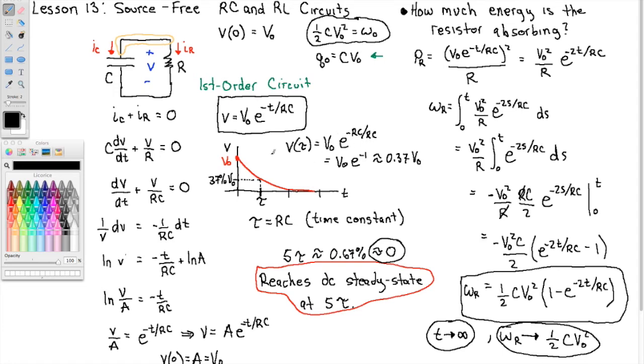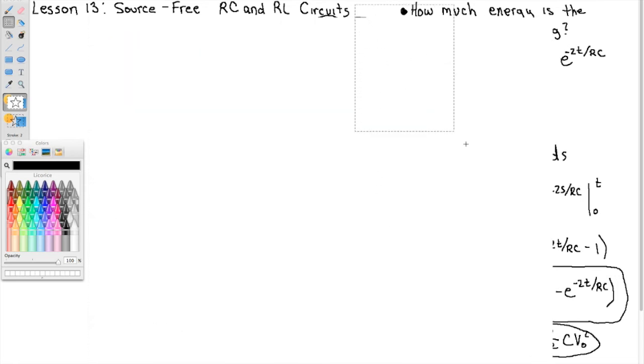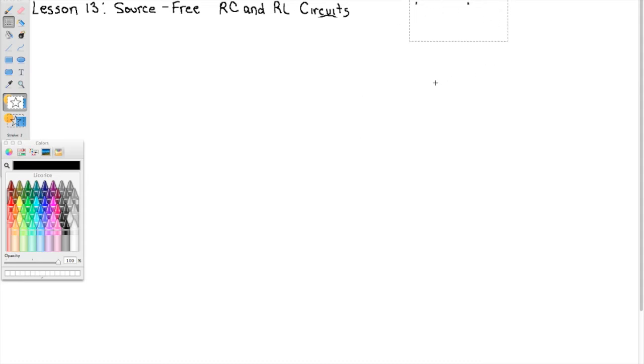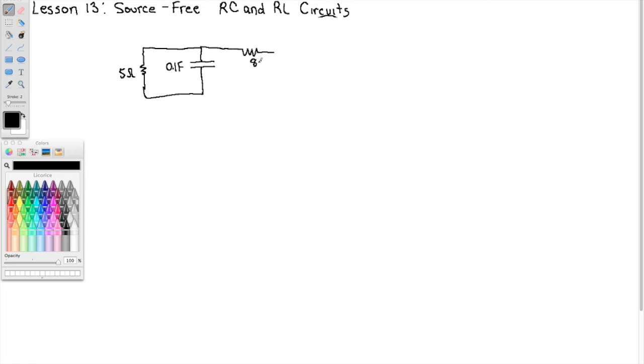All right, let's look at another example. All right, suppose I have a 5 ohm resistor, a 0.1 farad capacitor, an 8 ohm resistor here, and a 12 ohm resistor on the right.